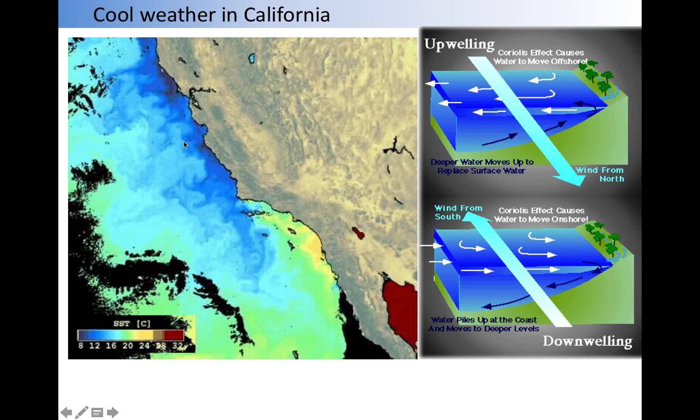So you might imagine the cool weather in California and the SST image from an upwelling event: wind blowing north to south, and cold water approaching near the shore and then moving offshore, with nice turbulent features, eddies, and filaments.